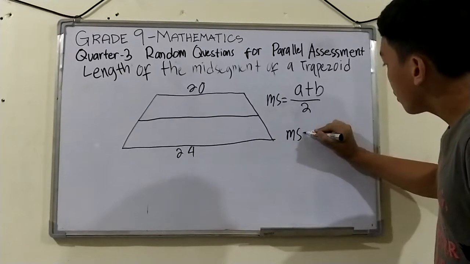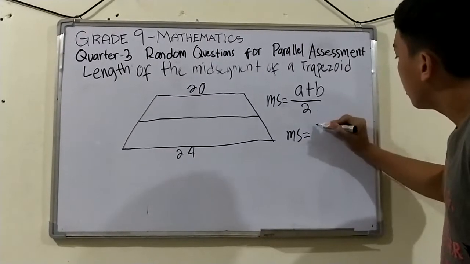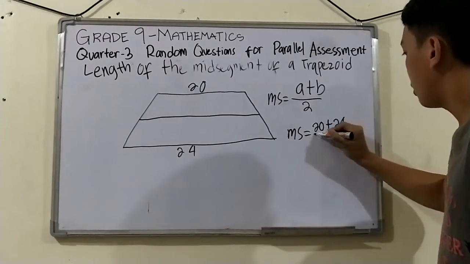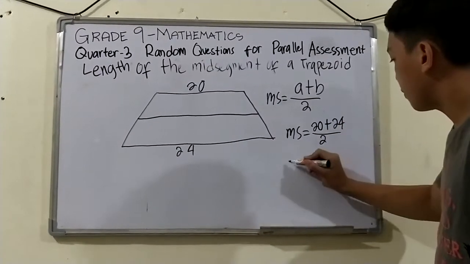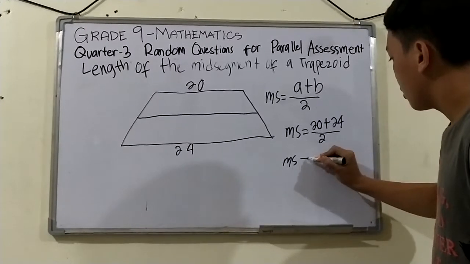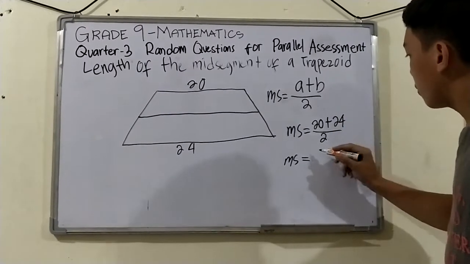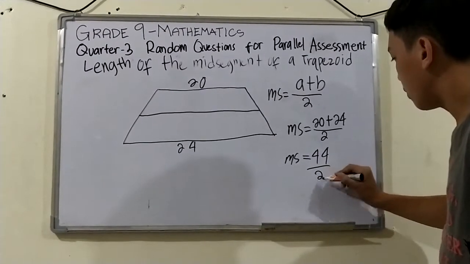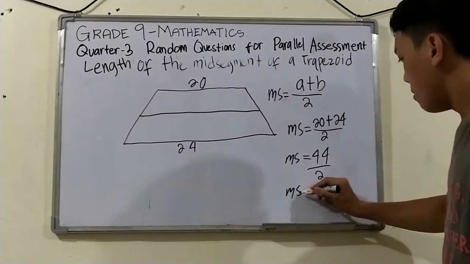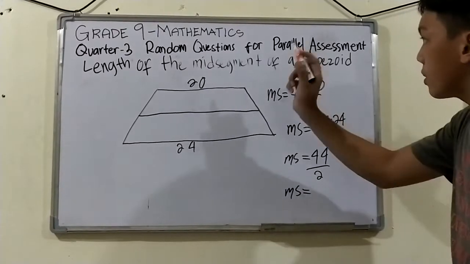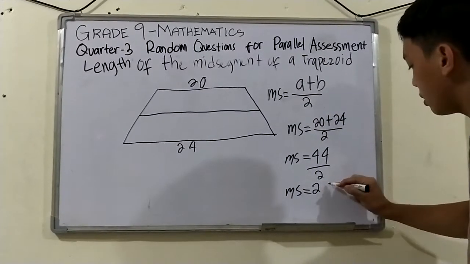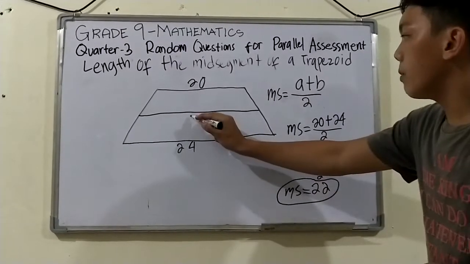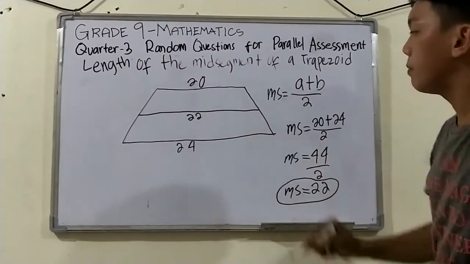So ms is equal to 20 plus 24 over 2. So let's add 20 plus 24 is equal to 44 over 2. And ms, or the mid-segment, is equal to 22. So our mid-segment is equal to 22.